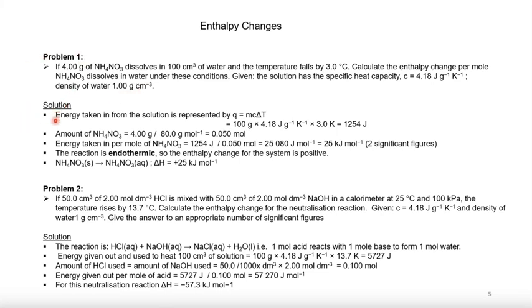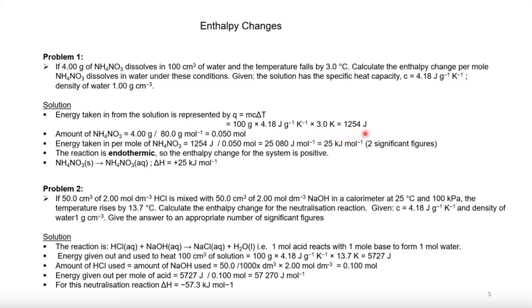So we can calculate the energy taken: Q equals m c delta T, where m is the mass, c is the specific heat, and delta T the temperature change. We have mass 100 gram, since 100 cubic centimeters of water is 100 gram if the density is 1. Then this is the specific heat, and this is the temperature change, in Kelvin.